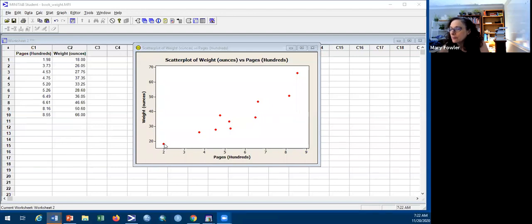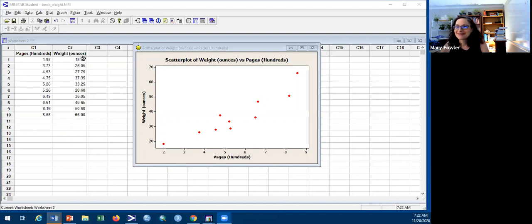So we're plotting x, y coordinates on a Cartesian plane. That's what you might have heard it as in algebra class, right? And then the weight was 18. So this point represents the x of 1.98, on the horizontal axis, which we're going to call x.